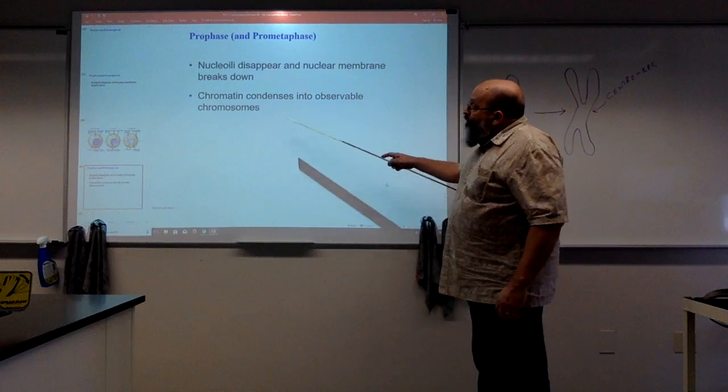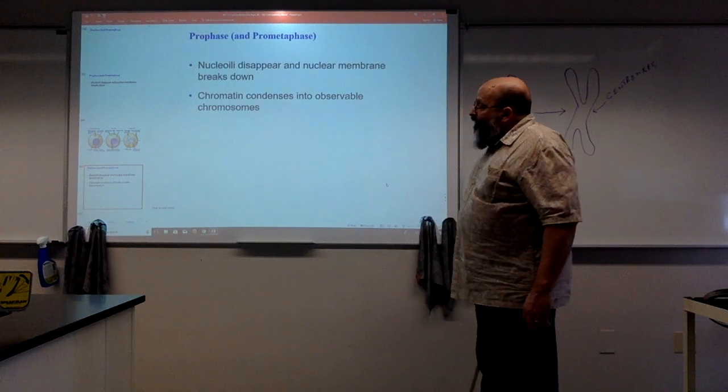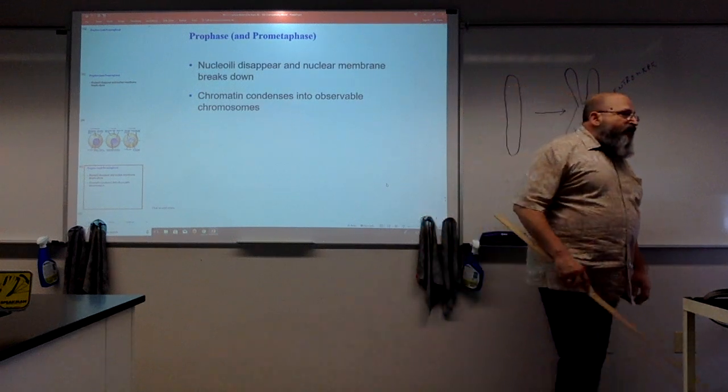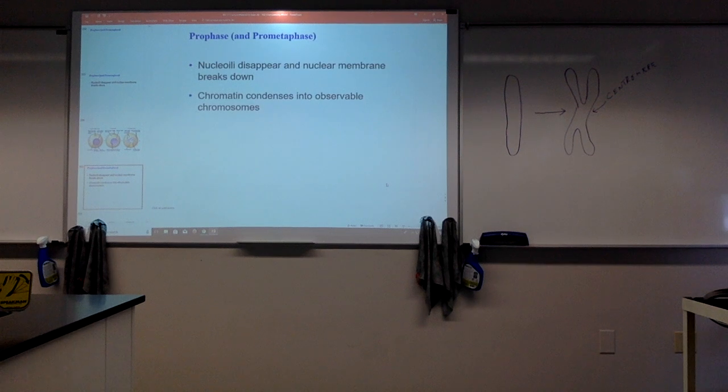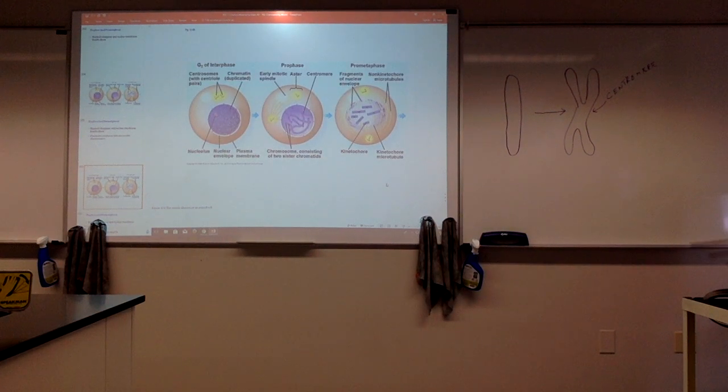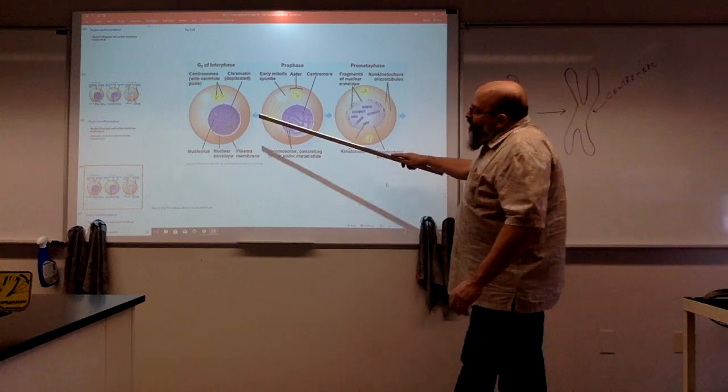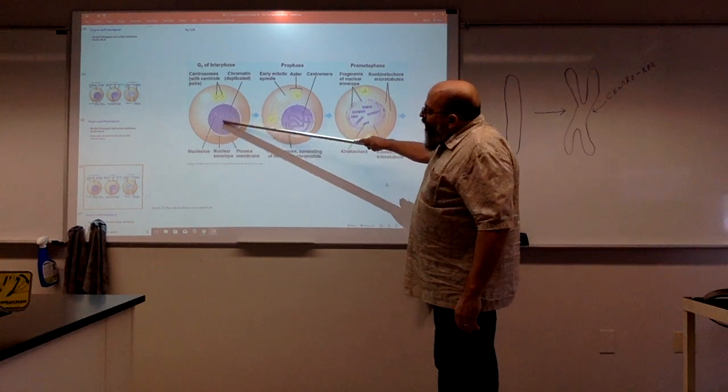Another thing that happens during prophase is the chromatin condenses into observable chromosomes. You can see that here. If you look at G2, we see all this spaghetti stuff.